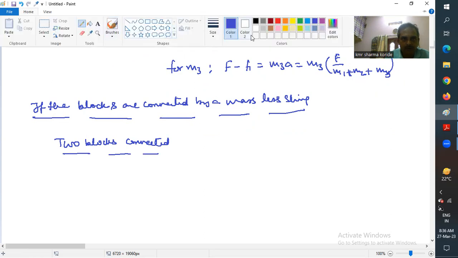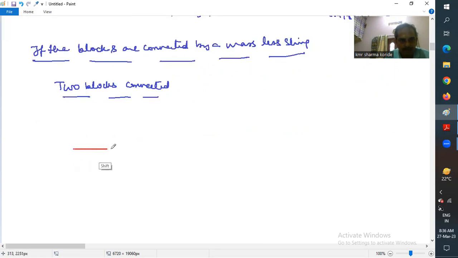Once again, you take two blocks. So this is block 1 of mass M1, you call it A. Here you have B, so this is M2. Now these two are connected by a string.